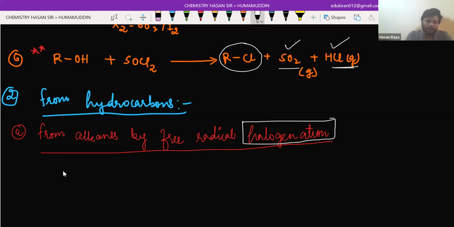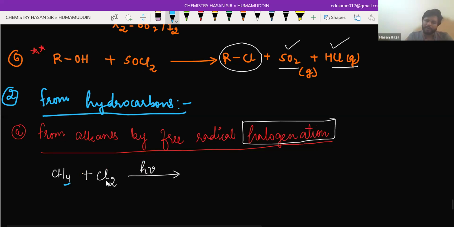You know, if you have CH4, this is your hydrocarbon or alkane, methane, and if you are going to react this with halogen, let's say there is Cl2, in the presence of sunlight or H nu, you know what will happen? One of the hydrogen will be replaced by chlorine. So initially it has 4 hydrogen.